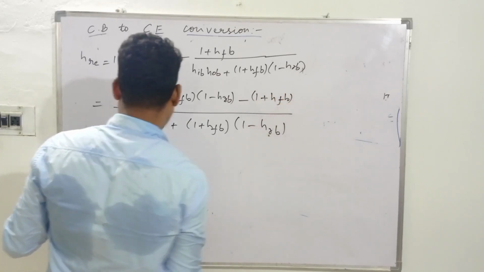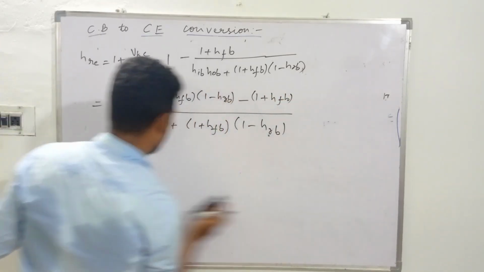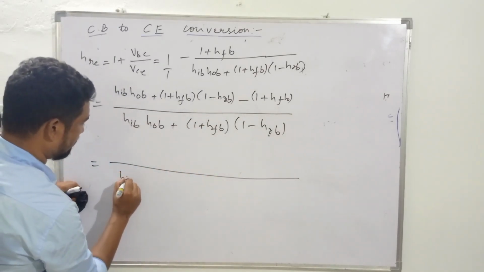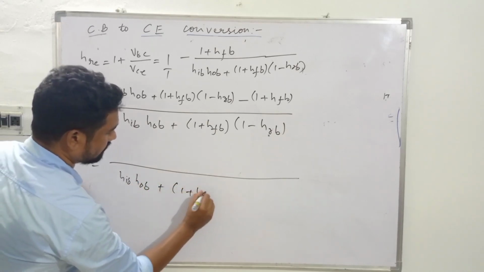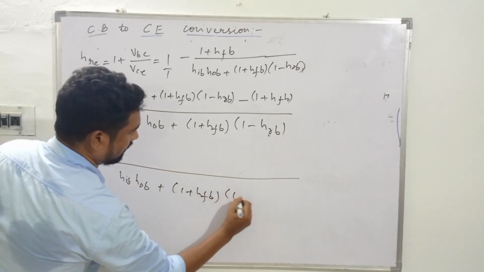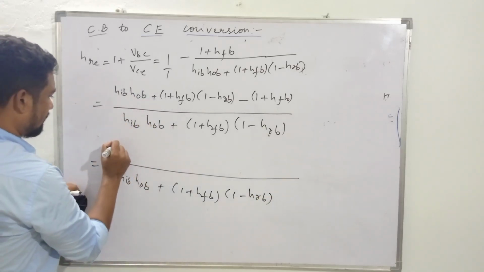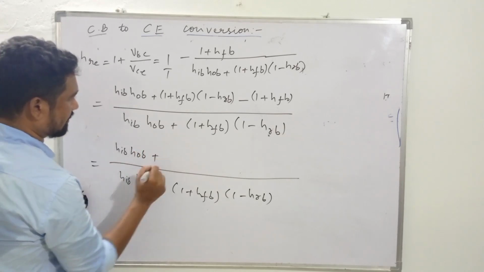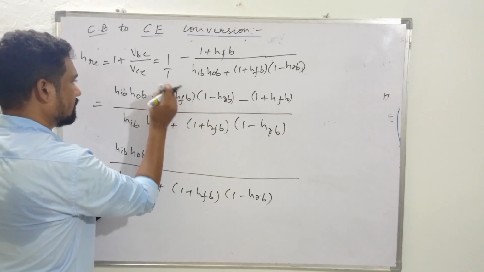All right, there is a small confusion. Usually the student gets confused in the simplification over here. The denominator as it is, HIB HOB plus 1 plus HFB into 1 minus HRB as it is. So guys, if we have HIB HOB, no change in that one, plus we have 1 plus HFB from here.